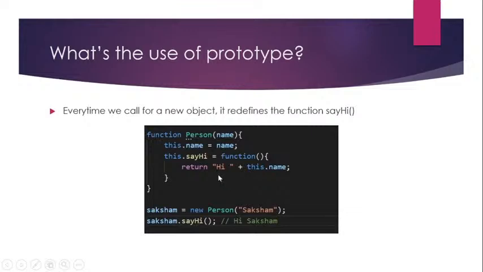Now, whenever we execute this line, JavaScript redefines this particular method every time we make a new object. But this is inefficient. We don't want repetitions in definitions, and that's where we can use the prototype property.